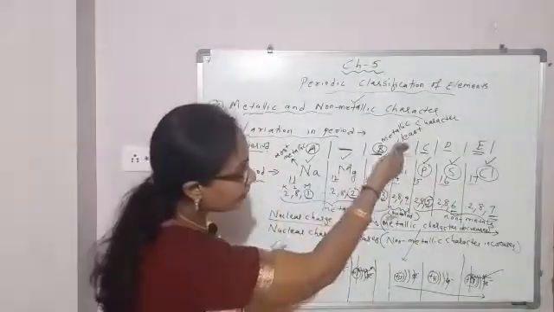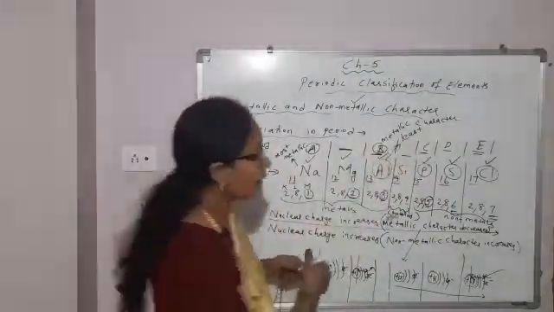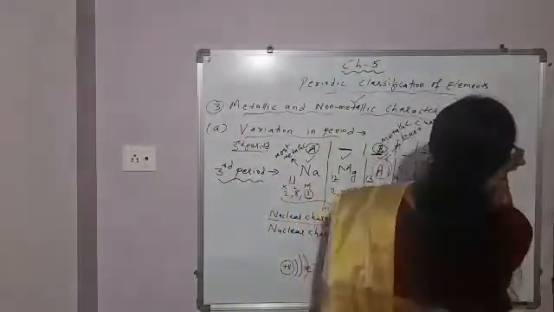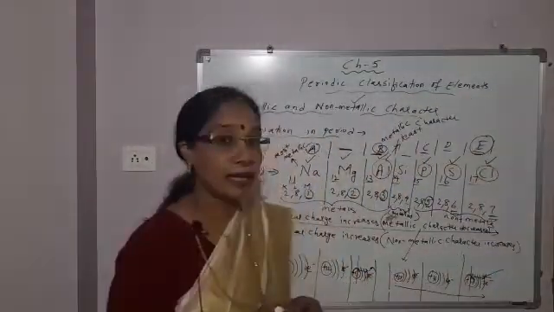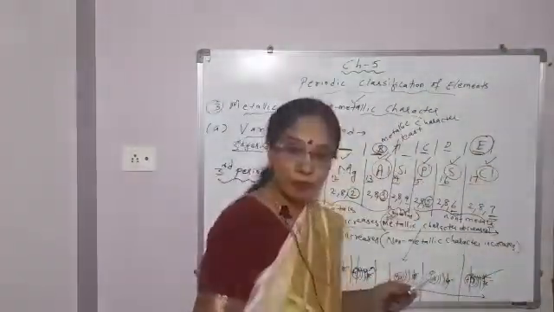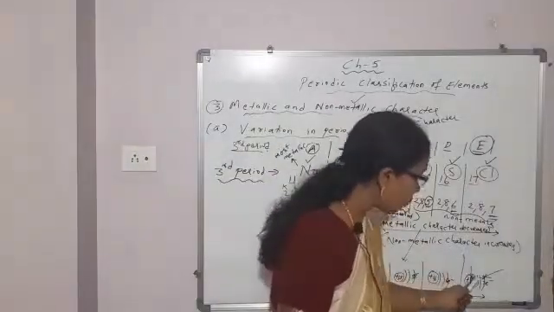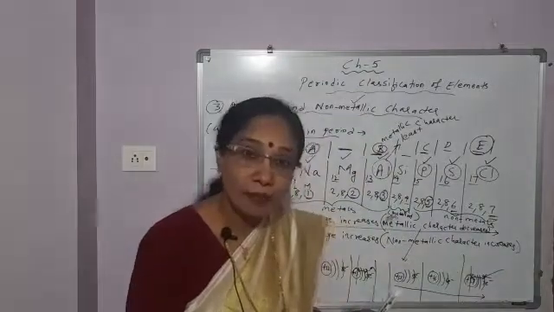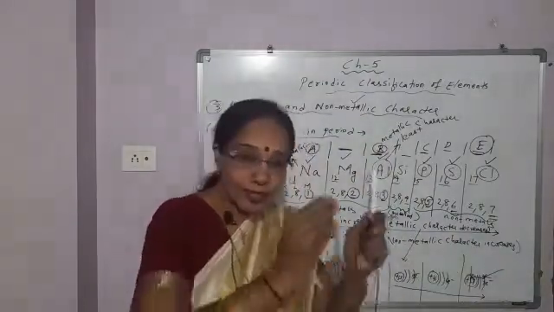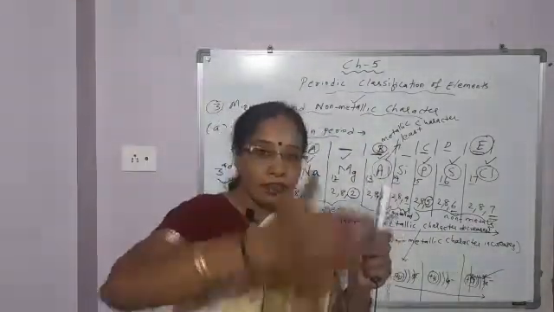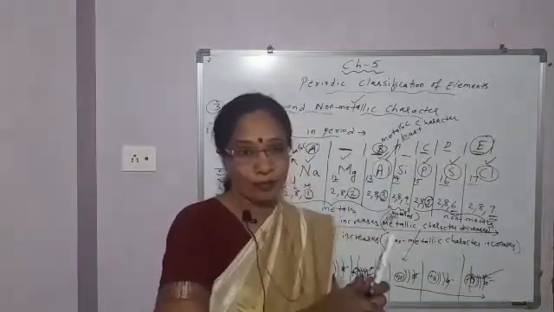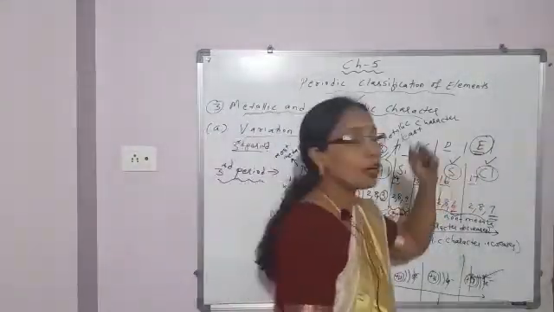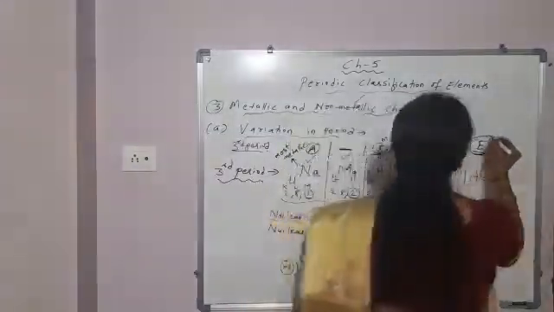So out of C, D, E, which is the most non-metallic? The one on the extreme right, E is the most non-metallic. Why? Because nuclear charge is more. And when nuclear charge is more, force of attraction between nucleus and electron in the outermost shell is more. So tendency of the element to gain electron and form negative ion is more. So E is the most non-metallic.